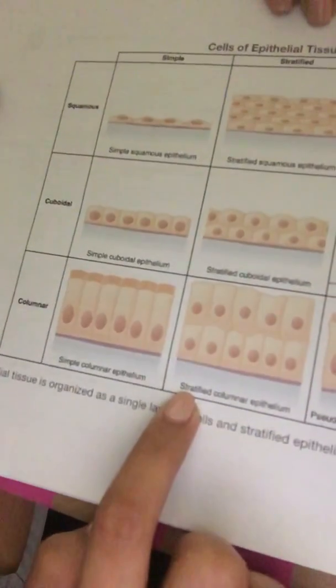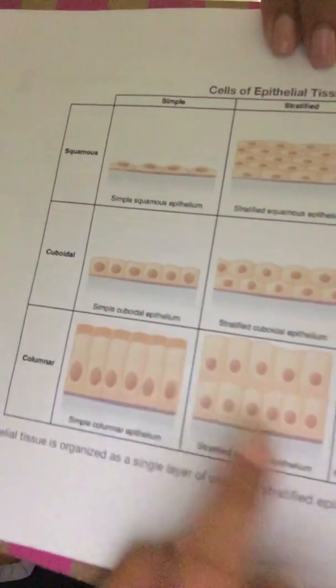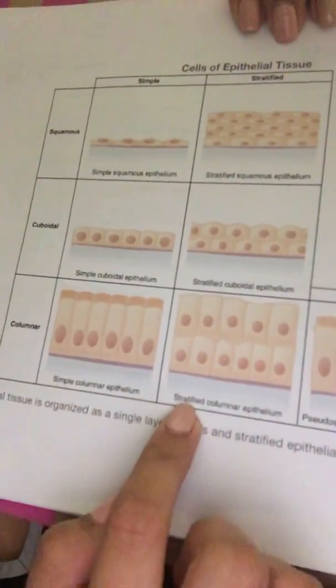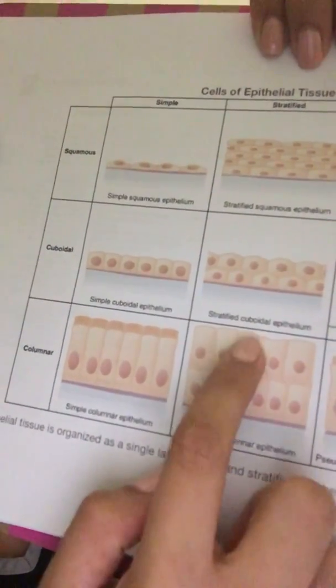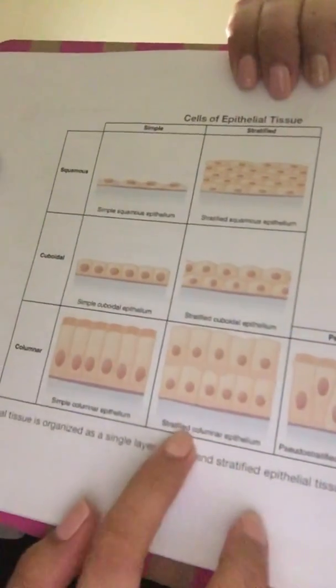Same with this. This is stratified columnar epithelium because there's more than one layer, so it's stratified, and columnar because it's tall, like a column.